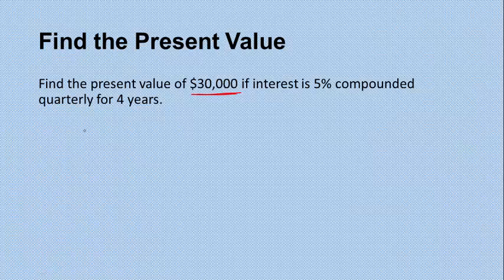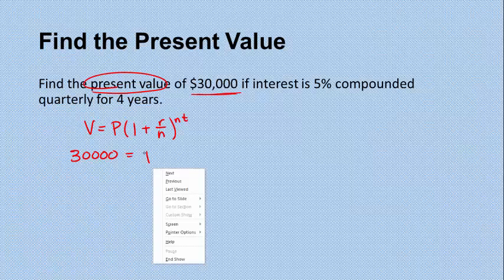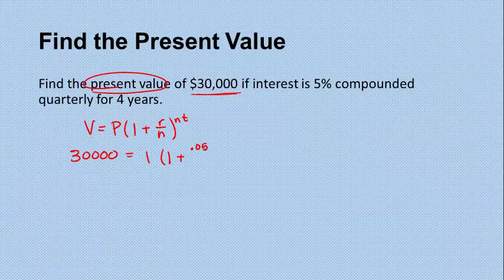All right, so I'm still going to be using the V equals P times 1 plus R over N to the NT power formula. And this time, because I want to find the present value, that's the P. So that means this $30,000 actually represents the future value, the V, equals P times 1 plus my interest rate, 0.05.